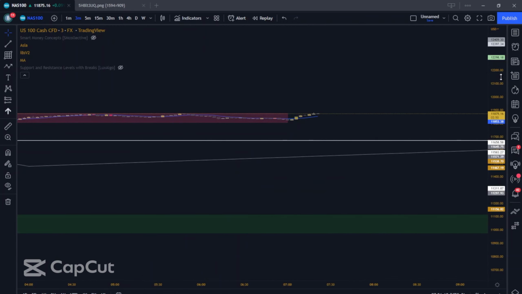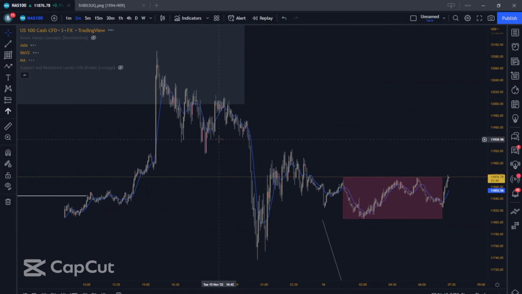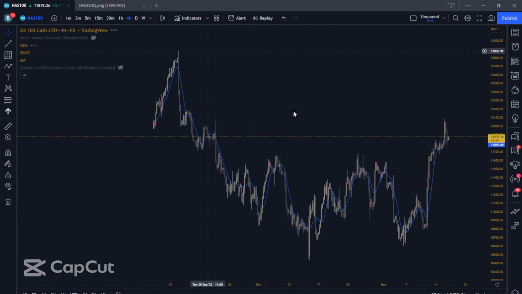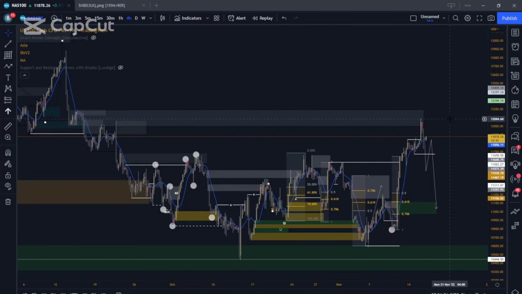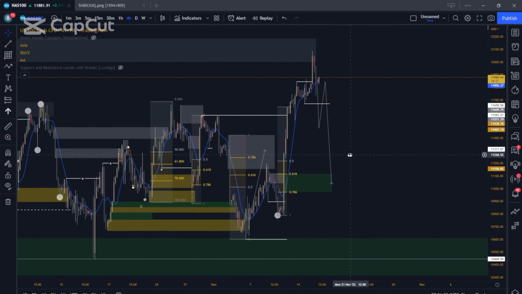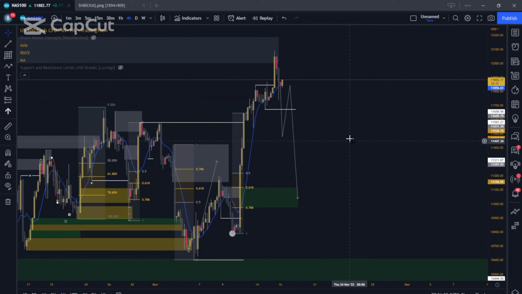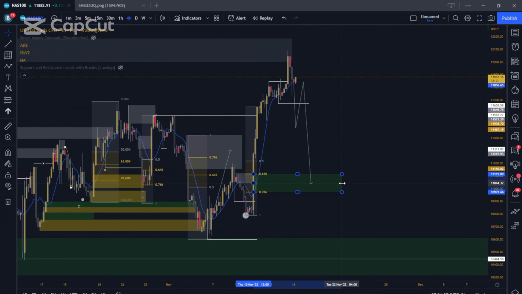Was entry given in that supply? Oh no, definitely not, brother. From the supply I would expect shorts, to be fair. So let's see if it fills up this imbalance. But ultimately we'll be looking for longs from down here, our golden zone, right?